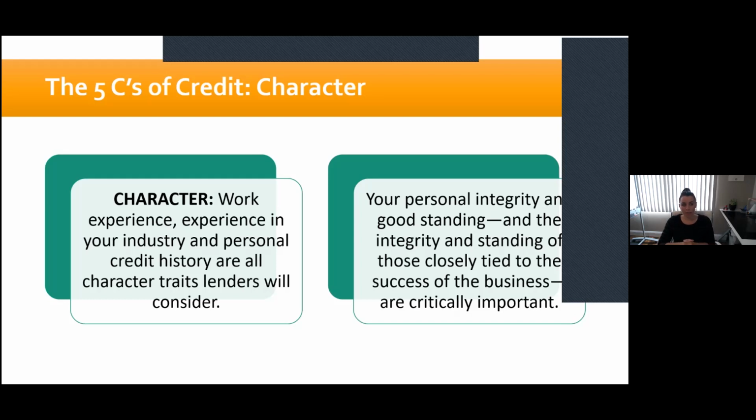So we're able to look at the situation and say, what exactly happened? What are they doing about it now? Have you been able to resume payments? Are you making good on your obligations? Because again, any lender needs to make sure that they're making an investment in your business that's going to be able to be paid back to them.